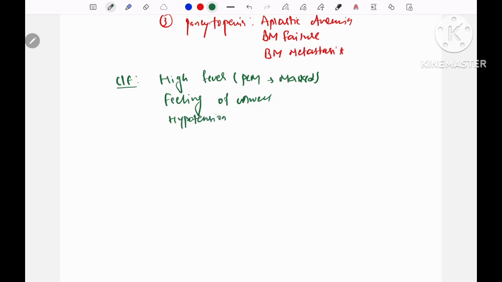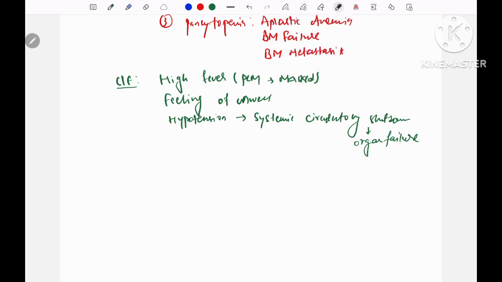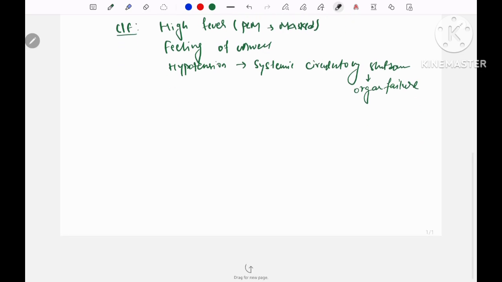If there is hypotension, then there can be systemic circulatory shutdown, which can lead to organ failure. This clinical feature which I have told here is taken from Davidson.